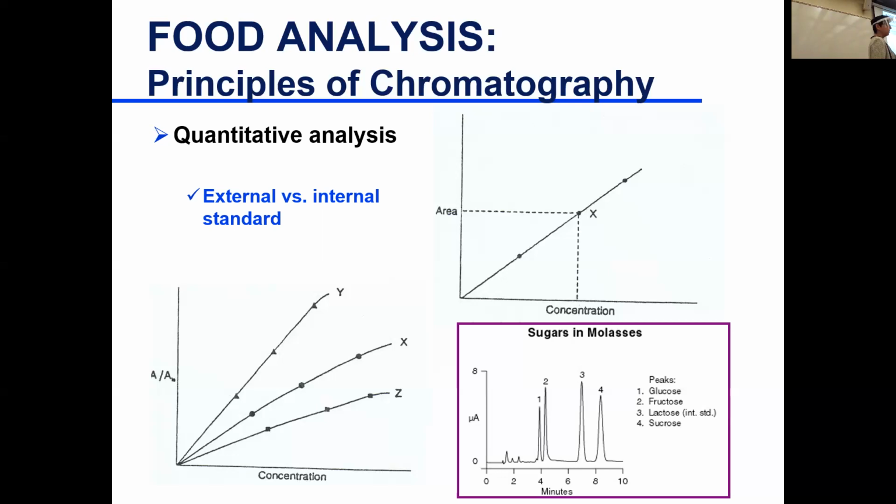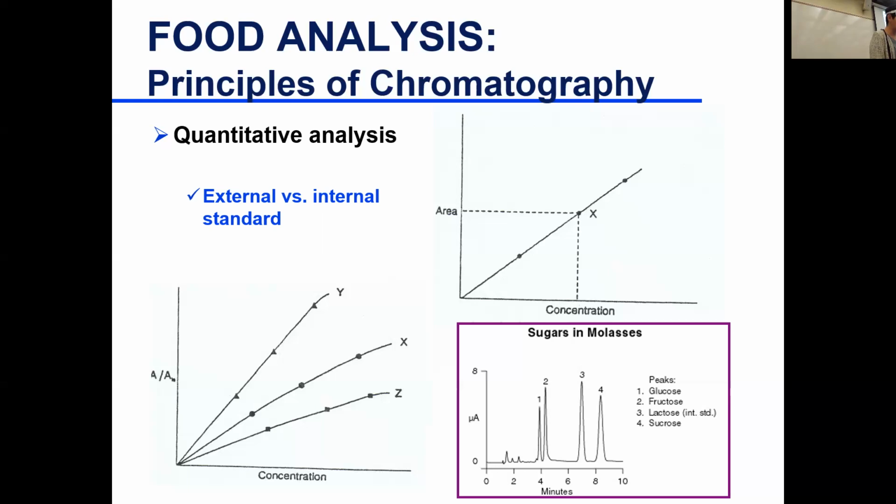You would choose, say, a C4 instead of C18, C20, C22, or C14, those are your different fatty acids. You choose a C4 fatty acid that is not present in your sample. So it has similar characteristics to the fatty acids, and it will elute, or come out, in the same time frame of your analysis under the same conditions, but it will not co-elute with any of your fatty acids of interest.